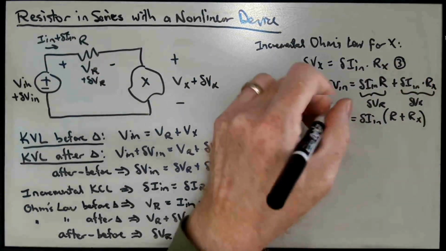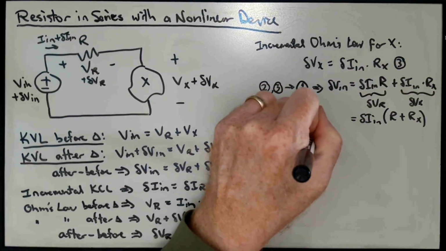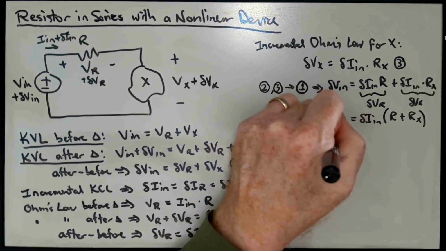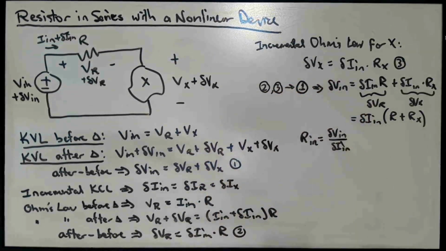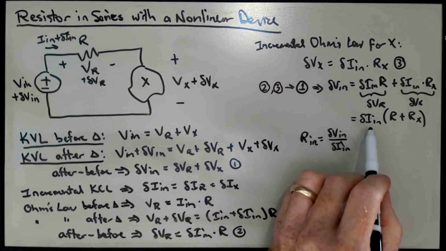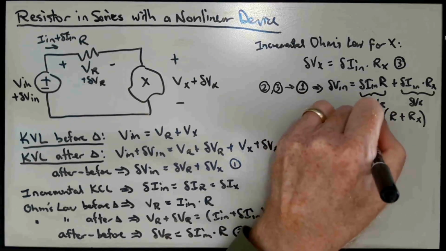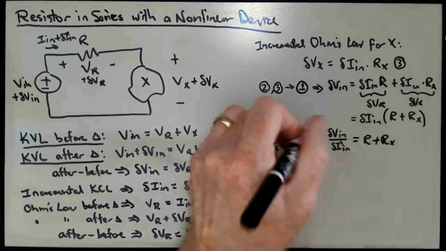If we like, we're interested in solving for the incremental input resistance, Rn, which is equal to delta Vn over delta In. We just move this delta In downstairs, and we get that this is equal to R plus Rx.